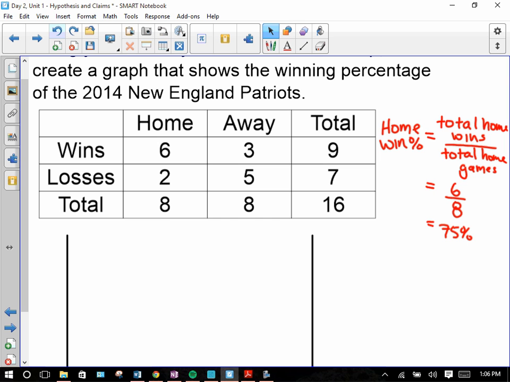So for your graph, you need to figure out the home winning percentage, the Patriots home losing percentage, and Patriots away winning percentage and away losing percentage. You have calculators to use.